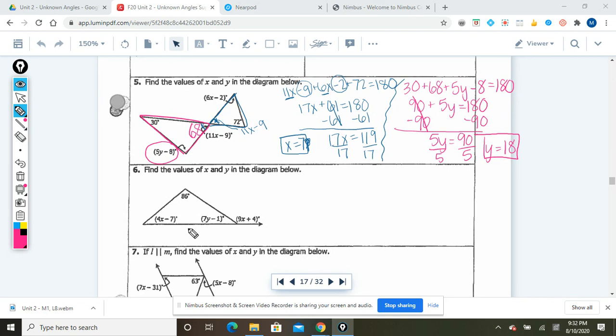So we can't do the triangle interior angle theorem because that involves x's and y's. We can't do linear pair. But we can do that these two remote interior angles add up to the exterior angle.